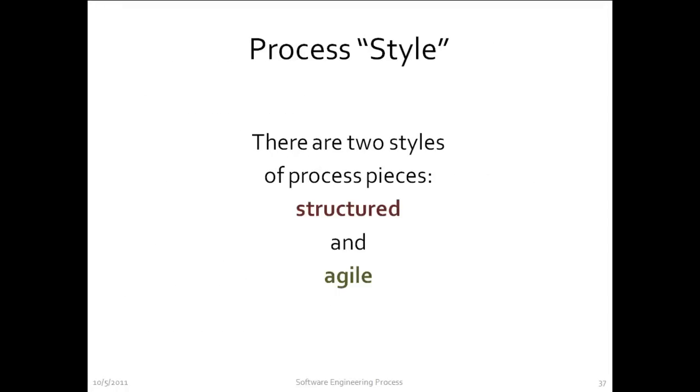Typically, after you've done all the customizations, you will end up with a process whose parts each conform to a certain style. This style may be broadly categorized as structured or agile. That is, you can look at each piece of the process and say, yeah, this piece is structured in style and this other piece follows the agile style.